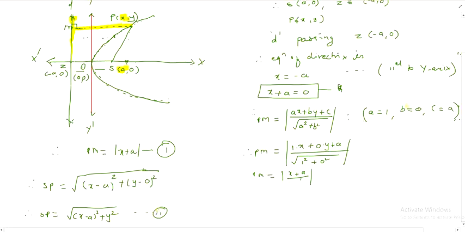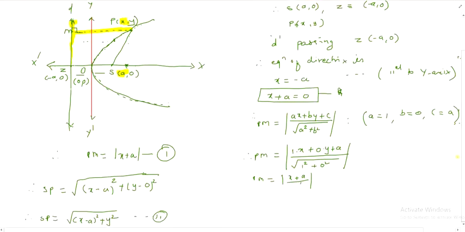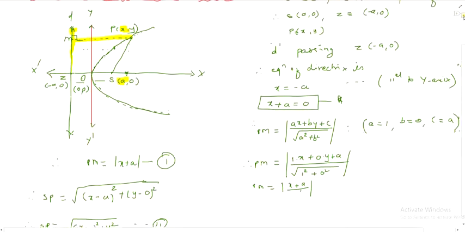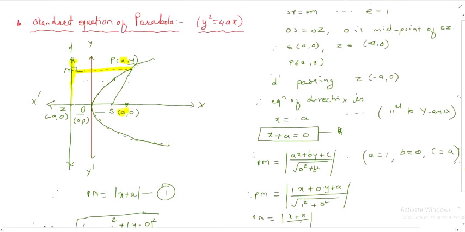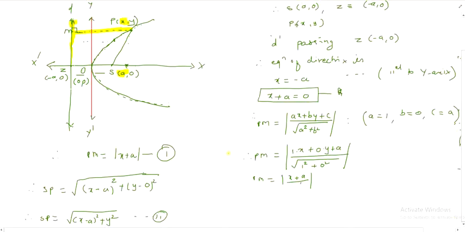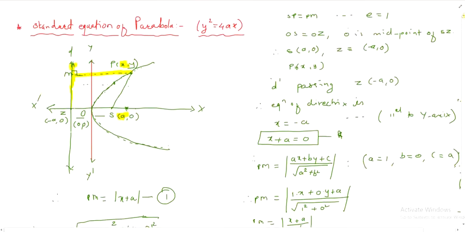Now students, if you remember that I have told you in the very first of this chapter, since the eccentricity E is 1 in case of parabola, therefore we can have from the property of the parabola that here SP is equal to PM.